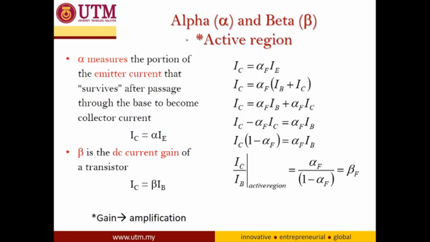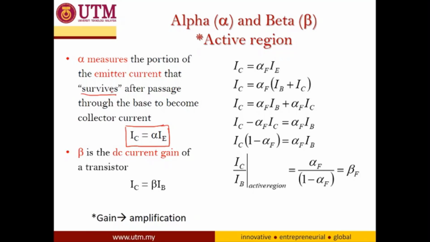Next in this slide show we explain alpha and beta. What is alpha? Alpha is the portion of emitter current that survives after passage through the base to become collector current. So alpha refers to the survival rate.